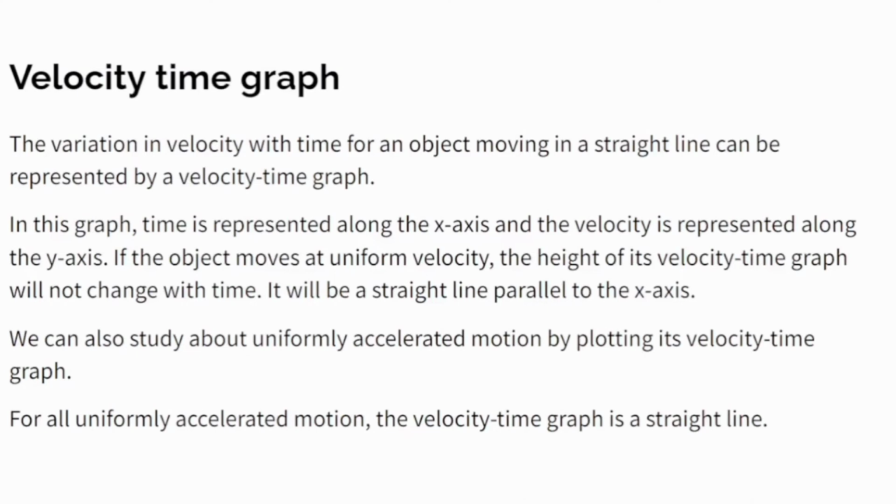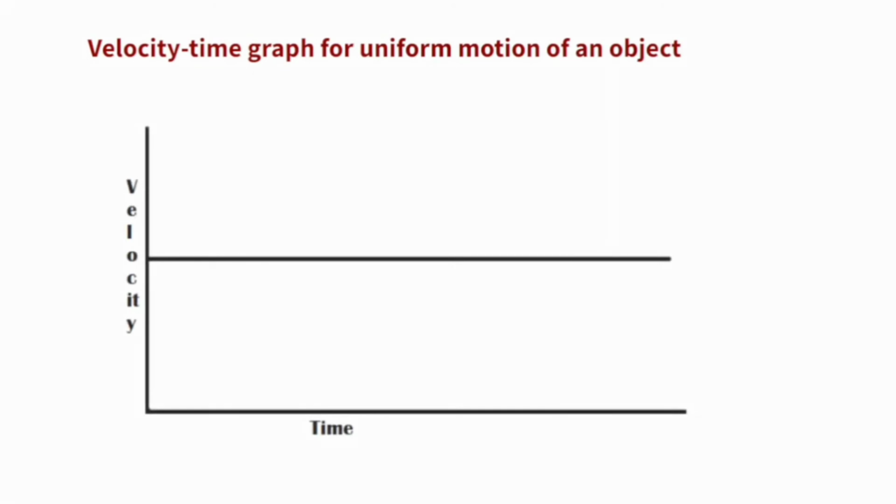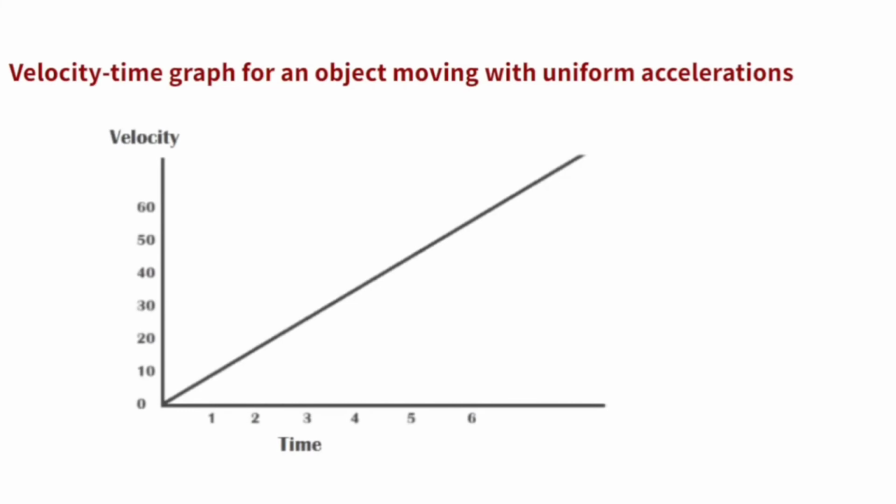We can also study uniformly accelerated motion by plotting its velocity time graph. For all uniformly accelerated motion, the velocity time graph is a straight line. This is the velocity time graph for uniform motion of an object. And this is an image of the velocity time graph for an object moving with uniform acceleration.